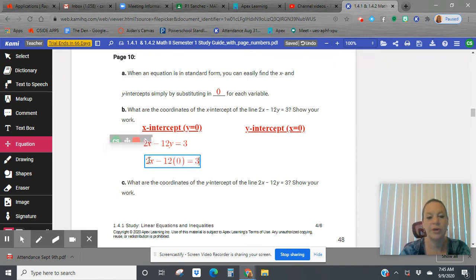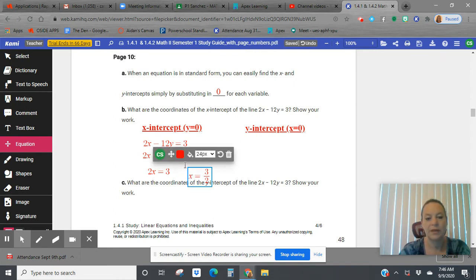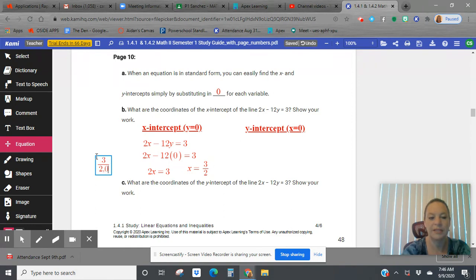You're showing that you know the definition of intercept by plugging in that 0. Then we're left with 2x, this zeroes out, equals 3. We divide both sides by 2, and x equals 3 halves. When I'm asked for an intercept, I'm going to write 3 halves, comma, 0 in intercept form.